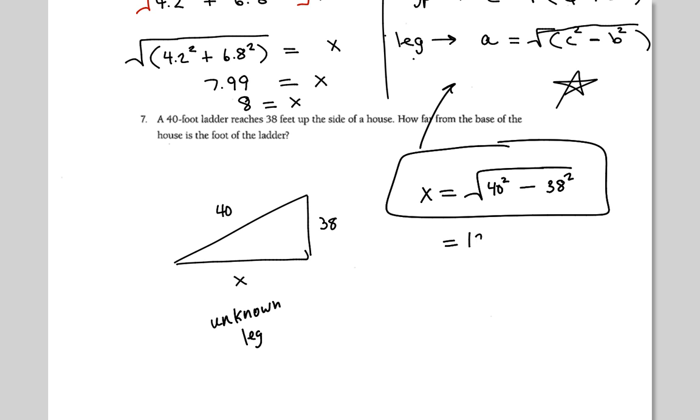And I got x is 12.5 after rounding. And my diagram is obviously not drawn very well. It looks longer than it actually is, so it's a bad drawing. Don't take the drawing to scale. It's just a sketch.